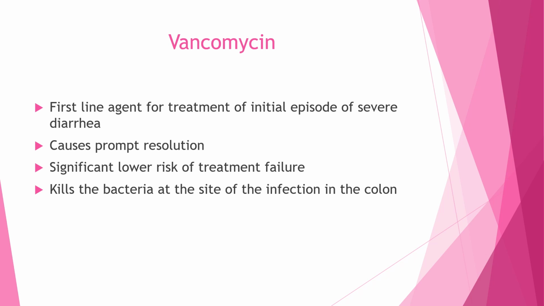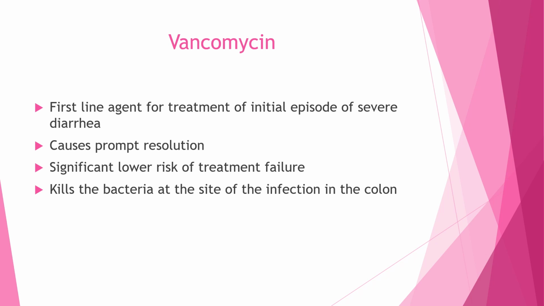Vancomycin. Vancomycin is the first line treatment of the initial episode of severe diarrhea. It will cause prompt resolution. There is a significantly lower risk of treatment failure, and it will kill the bacteria at the site of the infection in the colon.